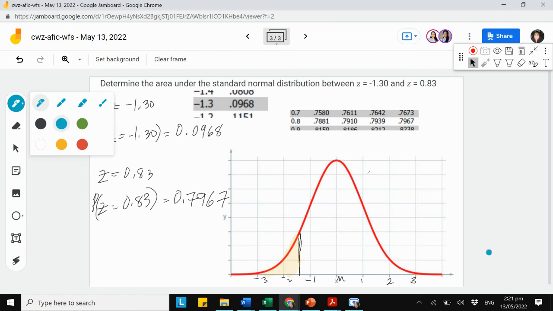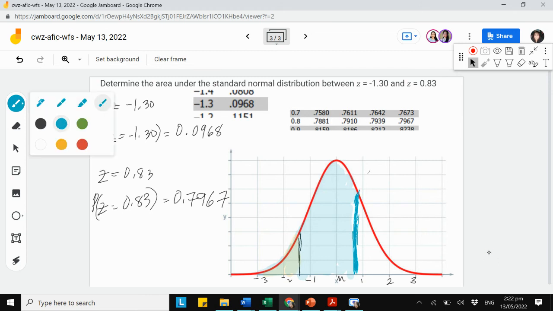So, this is where 0.83 is most likely going to be. Okay, so this is just calculation. Ayan. So, dyan daw banda si 0.83. And then, eto siya. Okay? Hanggang dito siya.